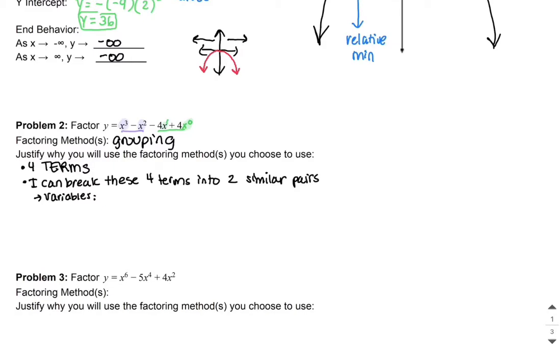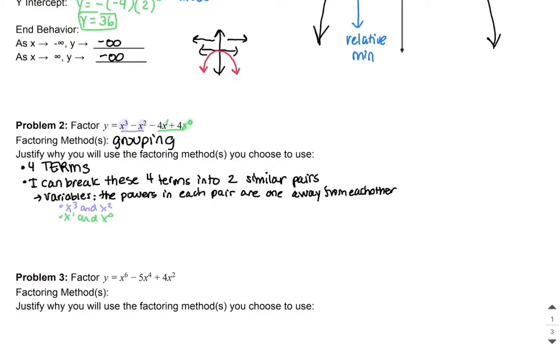Well, what I notice is that the powers are 1 away from each other. Or rather, the second power is 1 less than the first power in each pair. I have x cubed and x squared, and I have x to the first power and x to the 0th power.